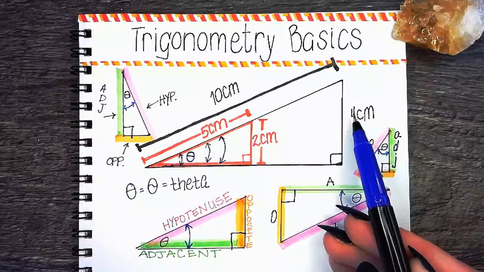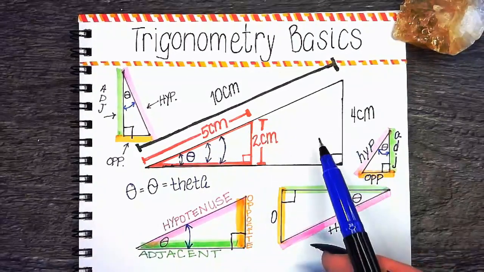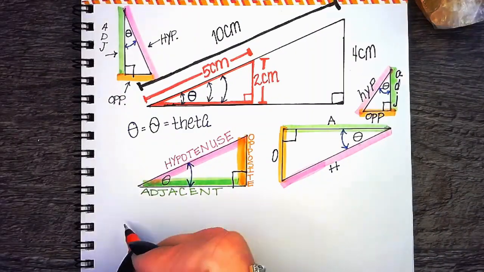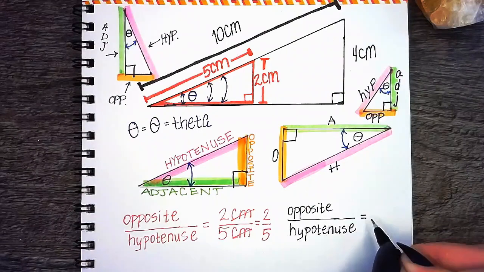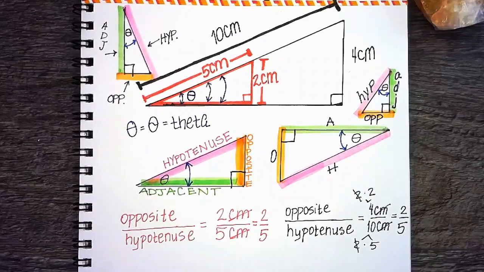We're only left with 4/10, which further reduces to 2/5. Let's take a second and write that down. So what we have now is the ratio of the opposite leg to the hypotenuse for each of these two triangles happens to reduce down to 2/5.